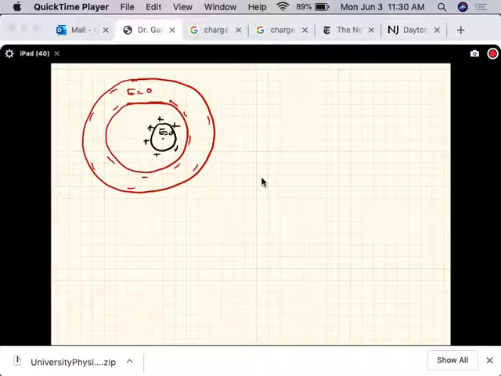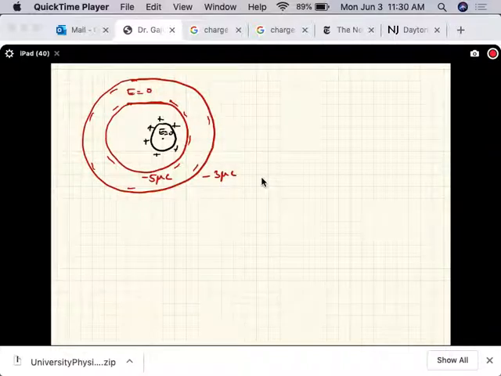So this is minus 5 microcoulombs and minus 3 microcoulombs. Again, we're trying to find the electric field everywhere. Electric field here is 0. Electric field here is 0.